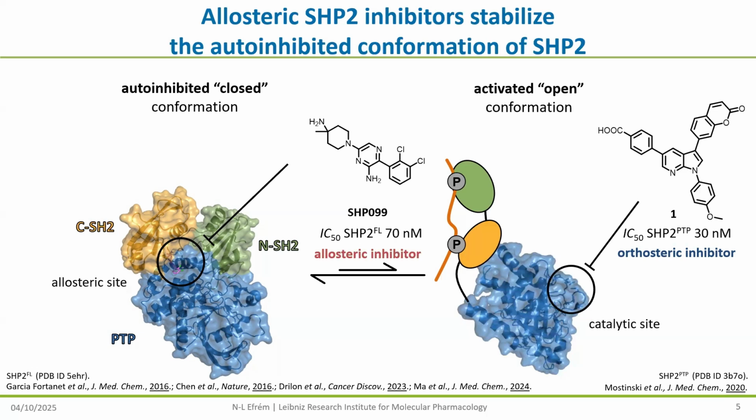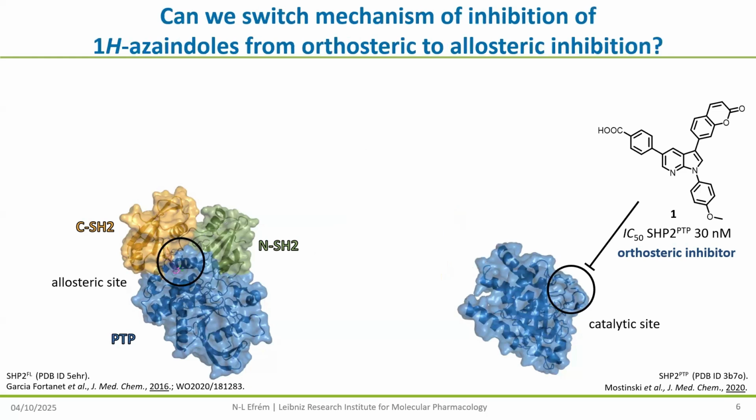Now, what caught our interest about these allosteric inhibitors is that there is this recurrence of some structural features in almost all published allosteric inhibitors that bind to the site, primarily in this aromatic moiety and in this conformationally constrained amine.